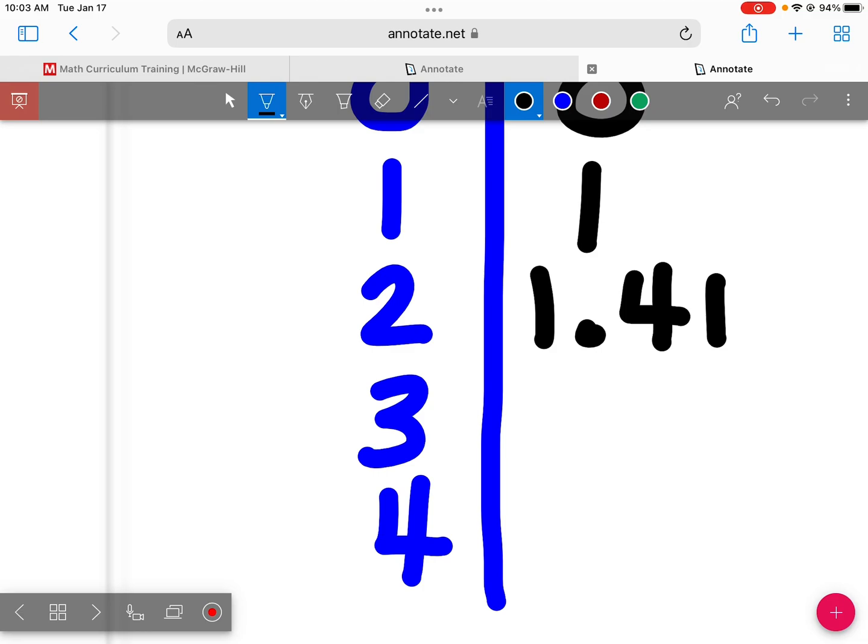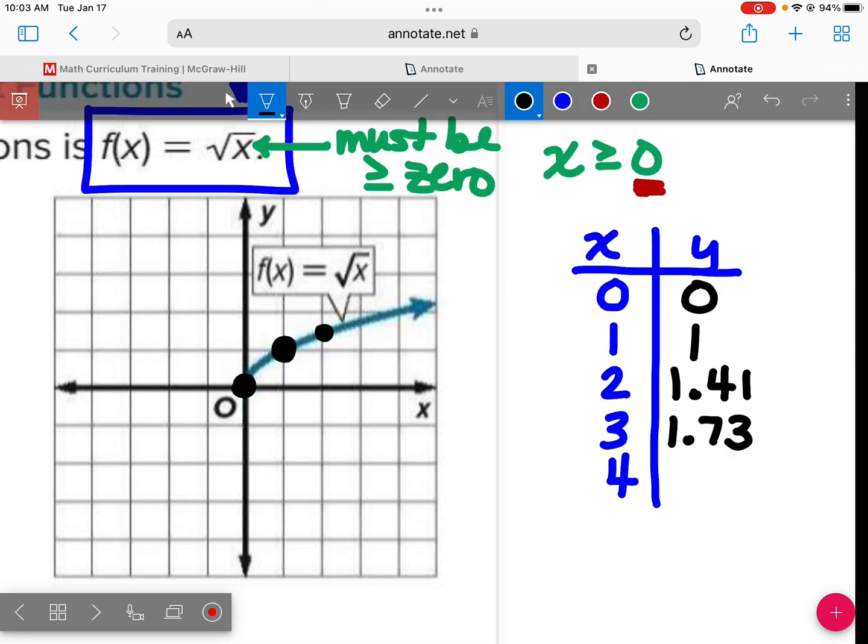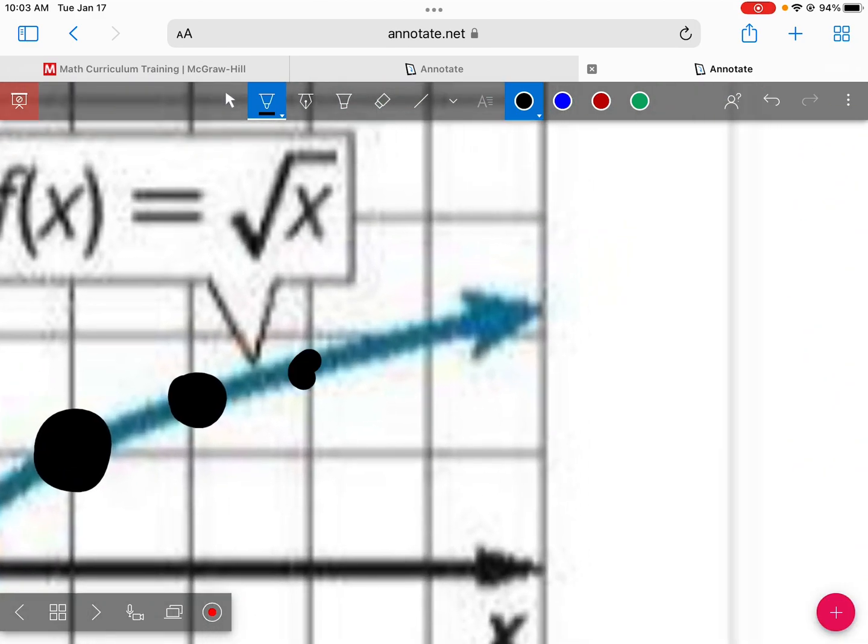Put that into your calculator. This is another one where we're going to have to hit the back and forth arrow buttons. 1.73. So in between 1 and 2, right? Closer to 1 or closer to 2? 2. Closer to 2. So when I come over to my graph, I'm going to put something in between 1 and 2, but I'm going to make it higher up this time, not quite as high as 2.